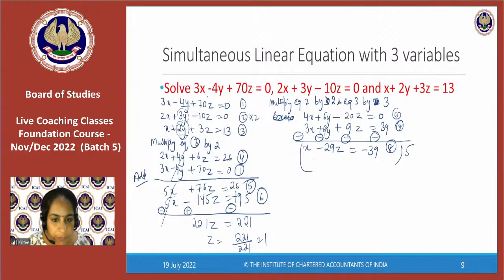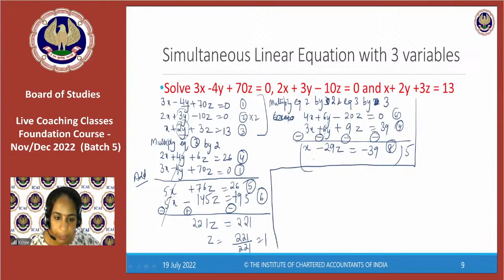See, what I have done is I had 3 equations. Out of the 3 equations, I have to bring them down to 2 equations with 2 variables. So the target is to eliminate either one of the variables from here. This is one of the ways through elimination that I have done.